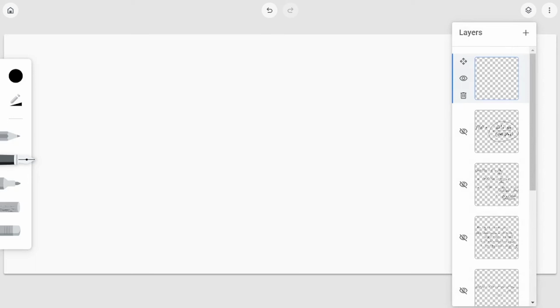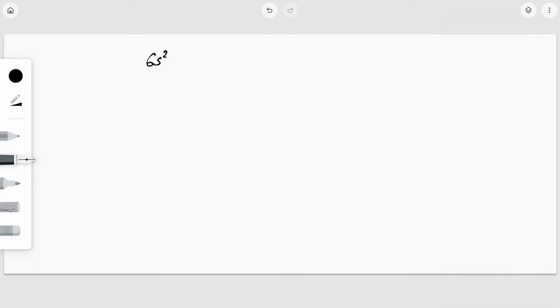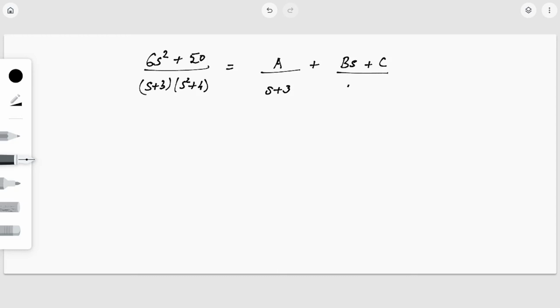So we write (6s² + 50) by (s + 3)(s² + 4) is nothing but, here we have a quadratic factor, so we'll have A by (s + 3) plus (Bs + C) divided by (s² + 4) corresponding to the quadratic factor.